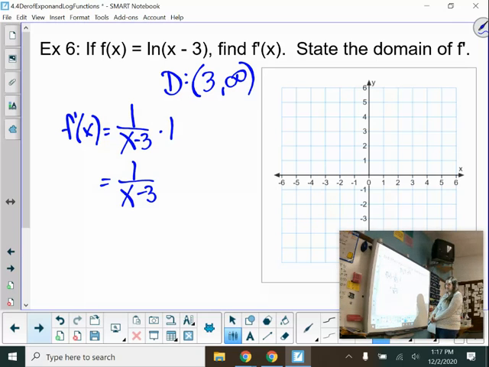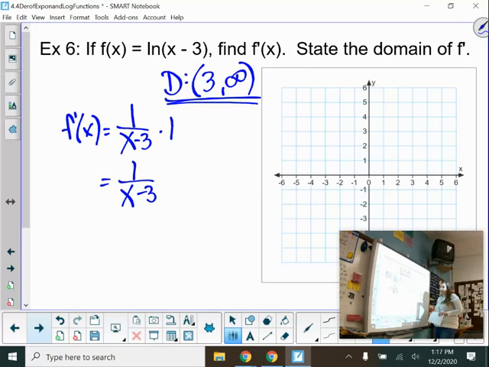Well, obviously x can't equal 3, and even though on its own we could plug in things like 2 and 1 and 0 into this f prime, because of the original domain, the domain of the derivative cannot add values in that weren't in the original restrictions.